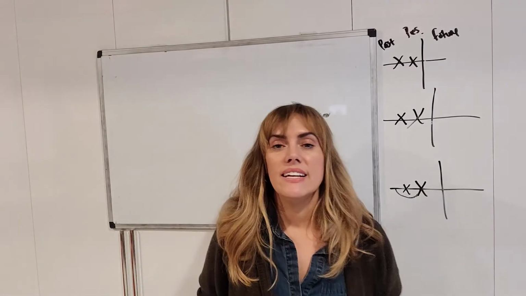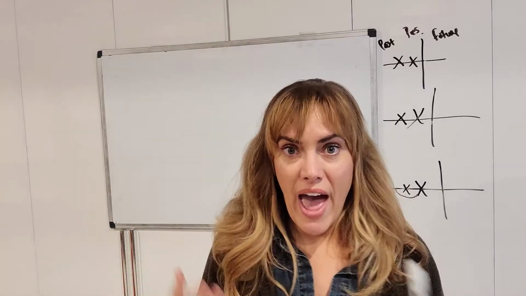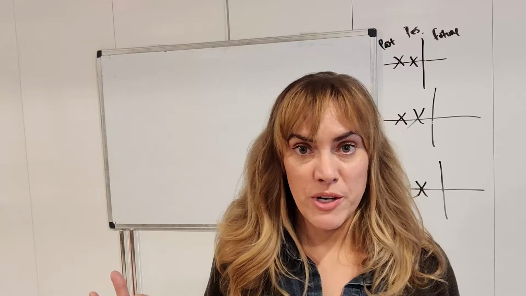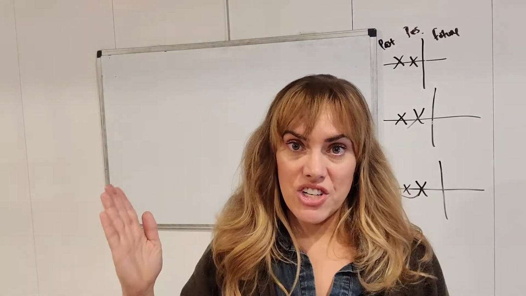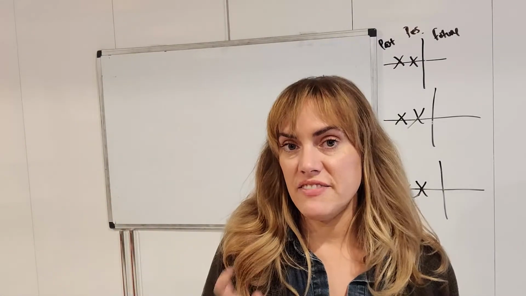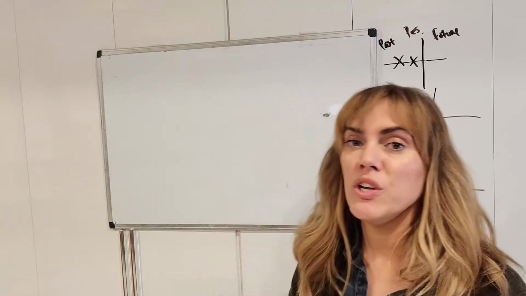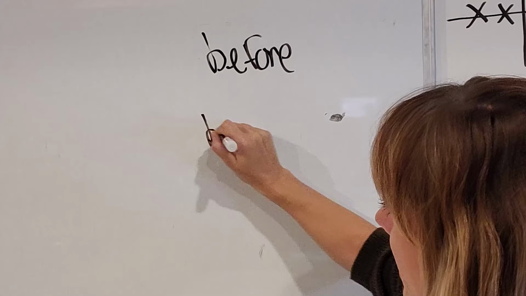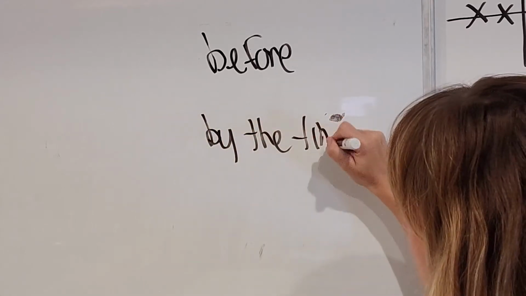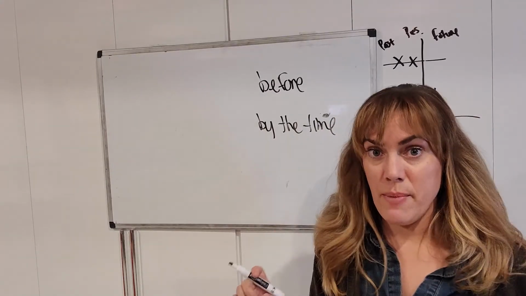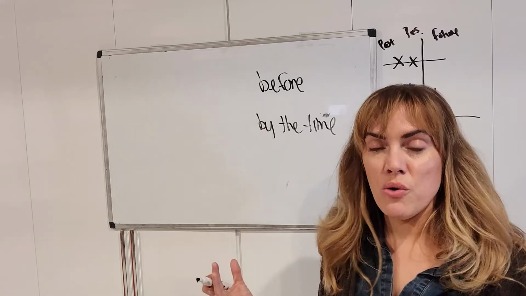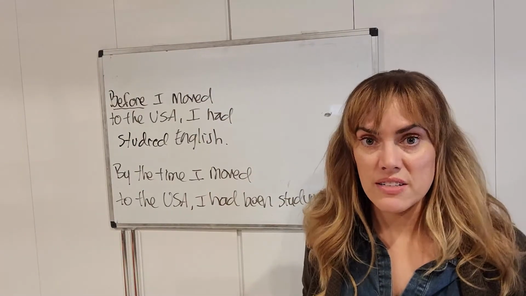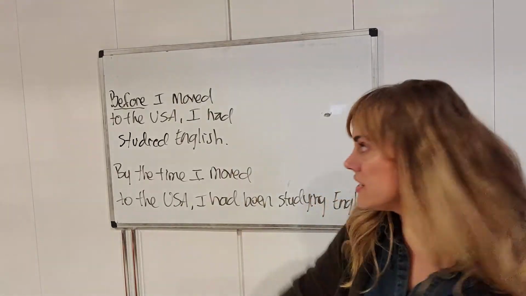Another thing is you don't have to have two actions in the past to use past perfect or past perfect progressive. You can have an action that happened before a specific time, and usually we use the words before and by the time with the past perfect and past perfect progressive. So, for example, here's what the past perfect and past perfect progressive look like with those time words.